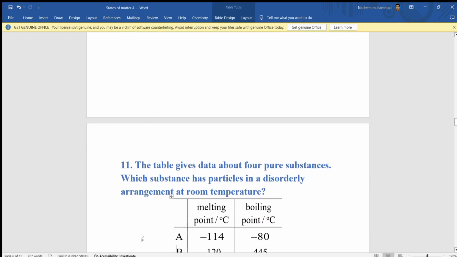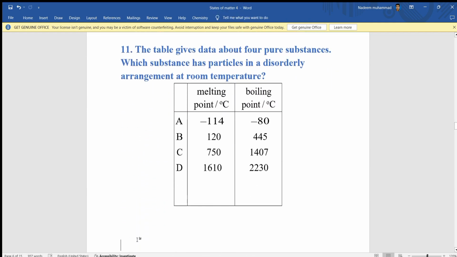Now the table gives data about four pure substances. Which substance has particles in a disorderly arrangement at room temperature? Now, disorderly arrangement means that this is a gas state, because in gases the particles are not arranged in a regular pattern.